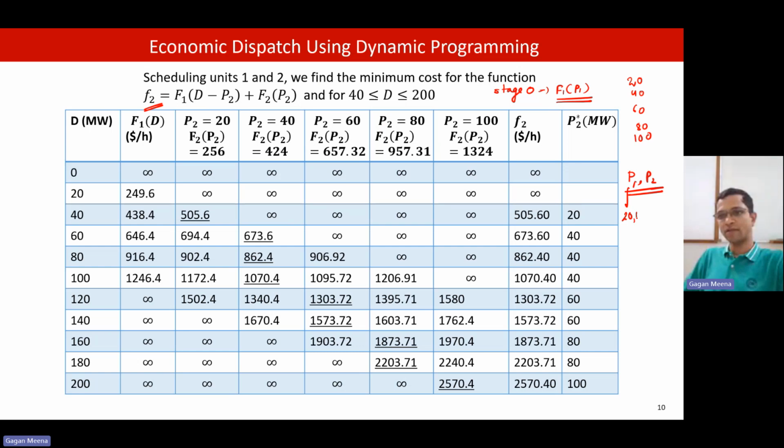P1 is between 20 and 100, P2 is also between 20 and 100. But demand can be between 40 and 200. This can be demand, right? If this is P2, then P1 will be demand minus P2.